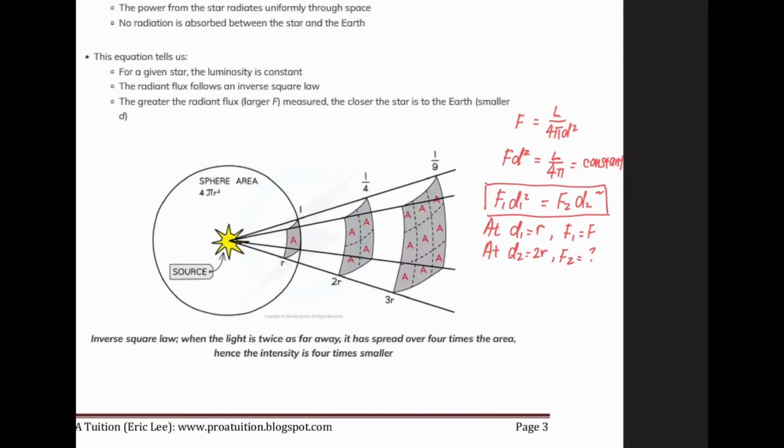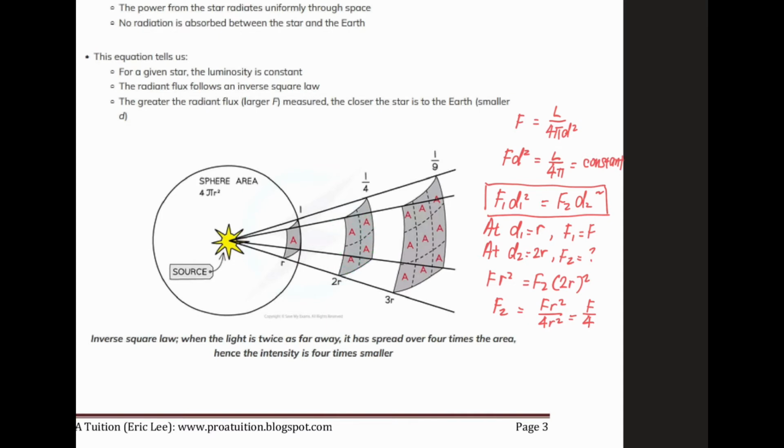So you can see how we work it out. F multiplied by r square equals F2 multiplied by (2r) square. So then you just count it out. F2 equals F r square over 4r square, so F over 4. So you can see the radiant flux intensity is 1 over 4 times the original. So when the distance becomes 2r, the radiant flux intensity is 1 over 4 times.